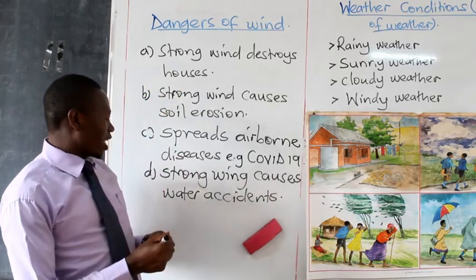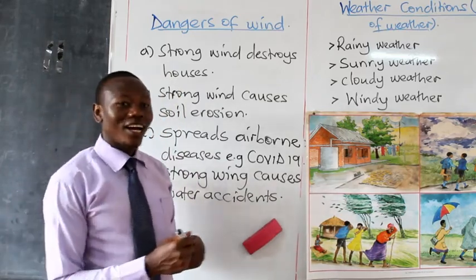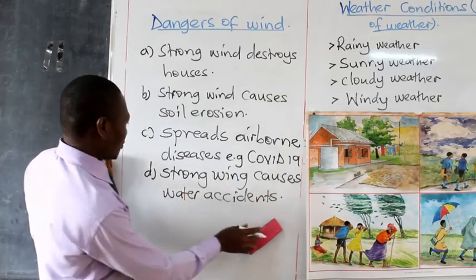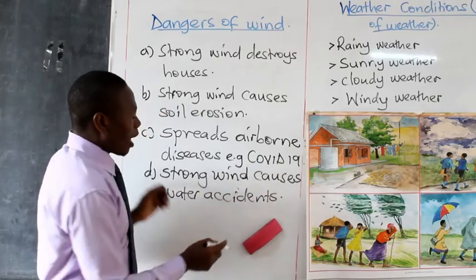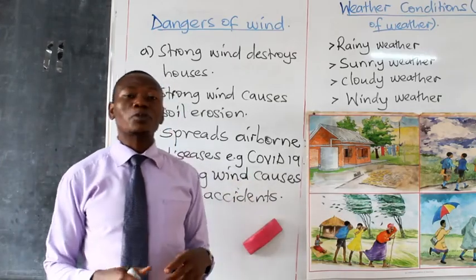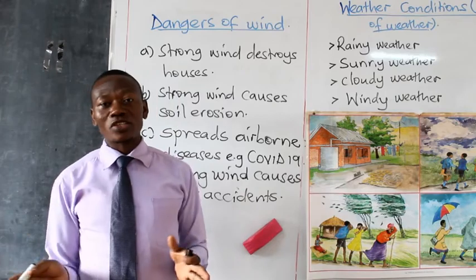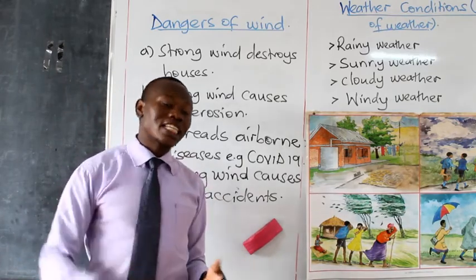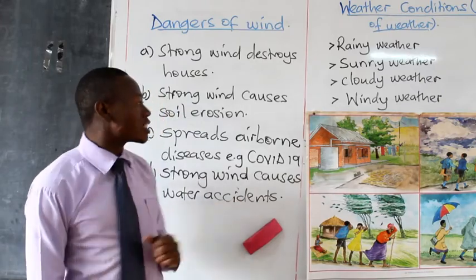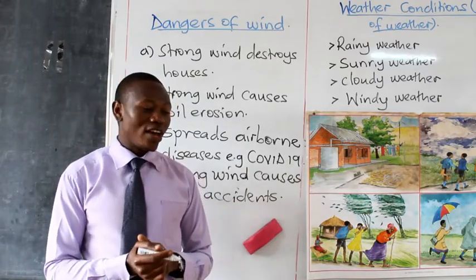Sometimes people who move on water are affected by these winds, which blow their boats in different directions, or sometimes cause them to capsize. Capsize means to overturn. And so that's the effect of strong wind in the community.